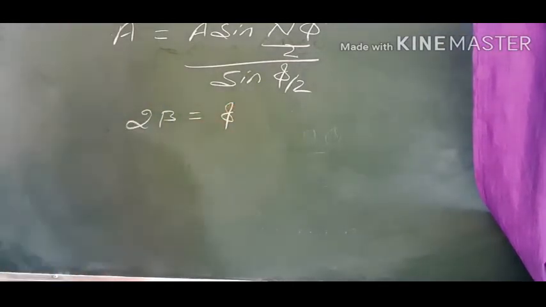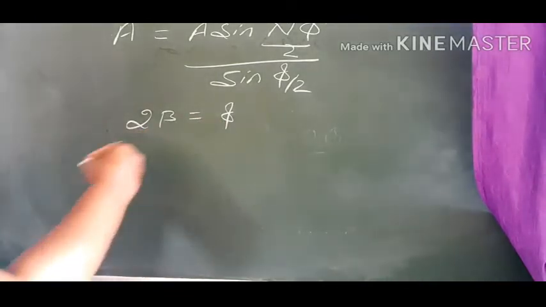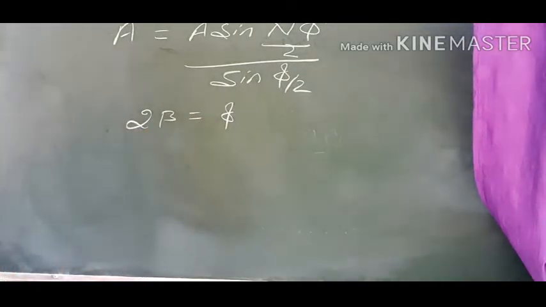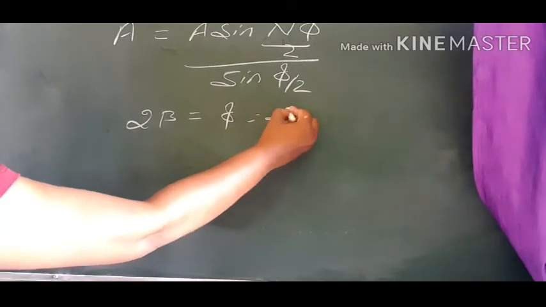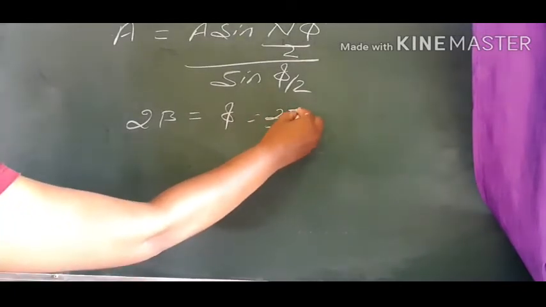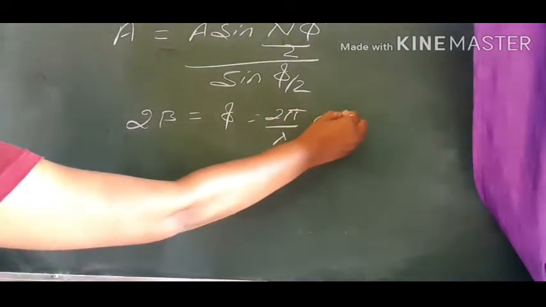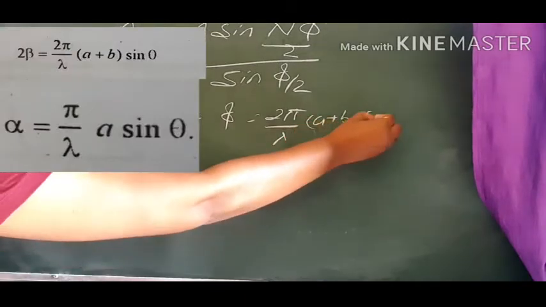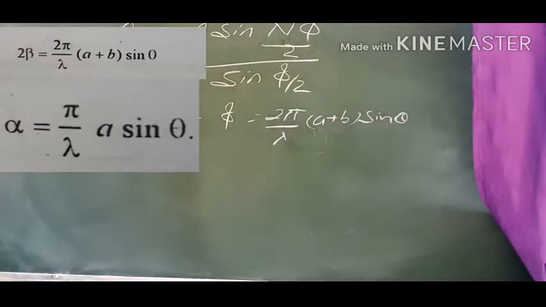So phi is equal to 2 beta, and 2 beta is equal to 2 pi by lambda into (a plus b) sine theta.